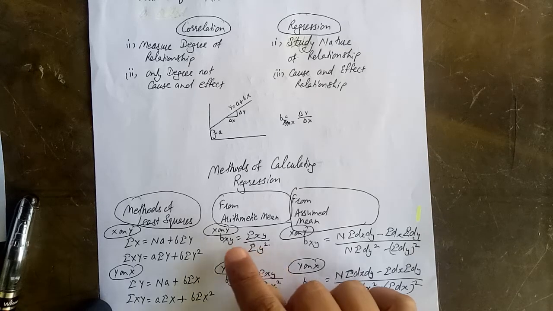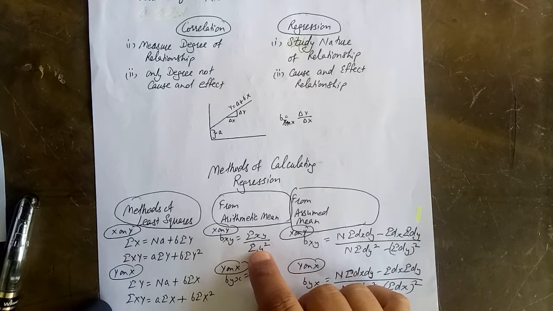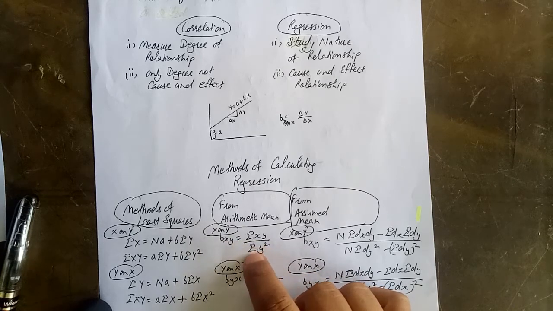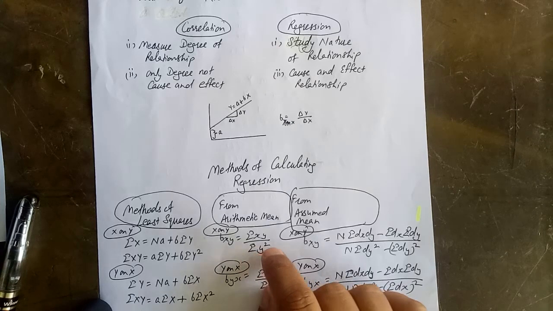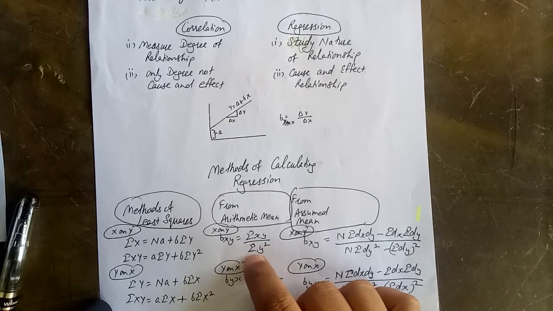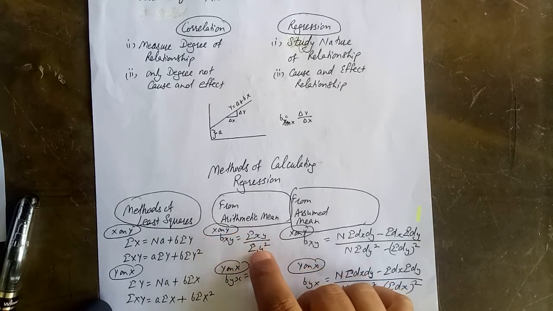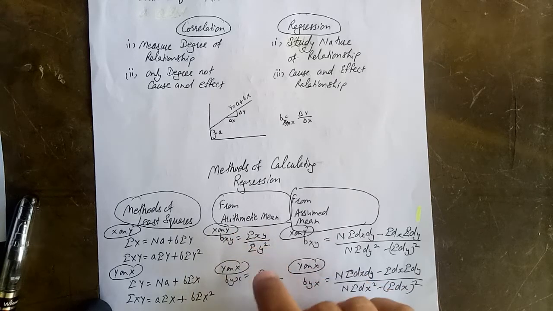But since it is x on y, we will ignore x over here and take y, and the square root of sigma y square will be multiplied with the square root of sigma y square. So y will be at the back for x on y, and above there will be sigma xy only.